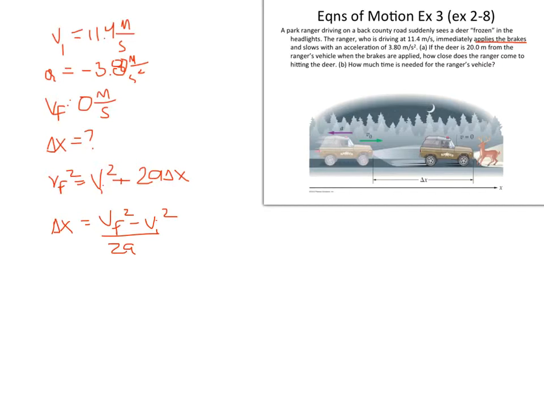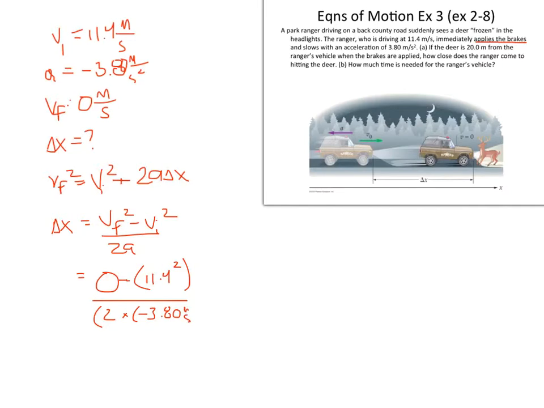All right, let's go ahead and plug in final velocity squared. That's easy, that's 0. Initial velocity squared, that's going to be 11.4 squared. So 0 minus 11.4 squared, so it's going to be minus 120 something, over 2 times our acceleration, which is negative. It's directed in the negative direction, negative 3.80.